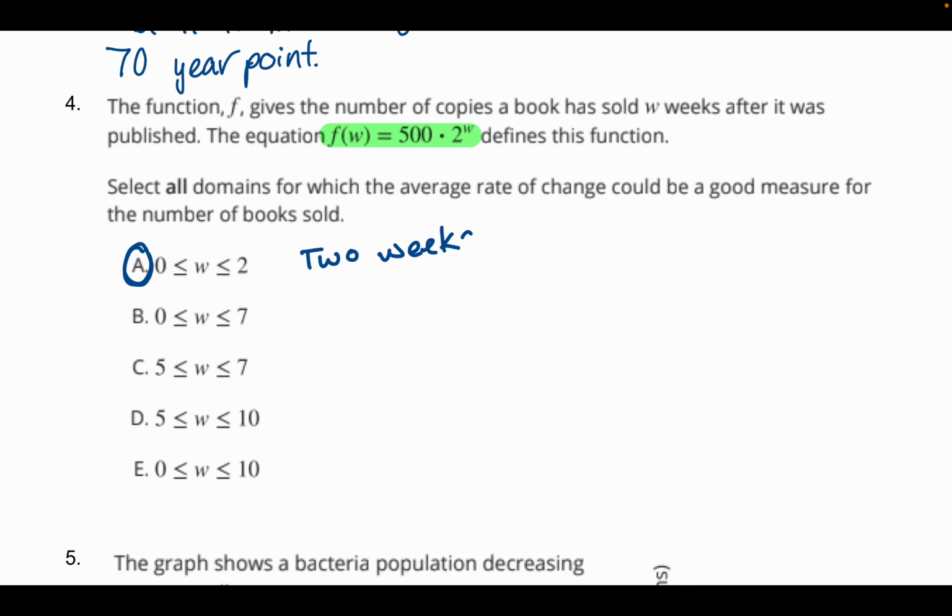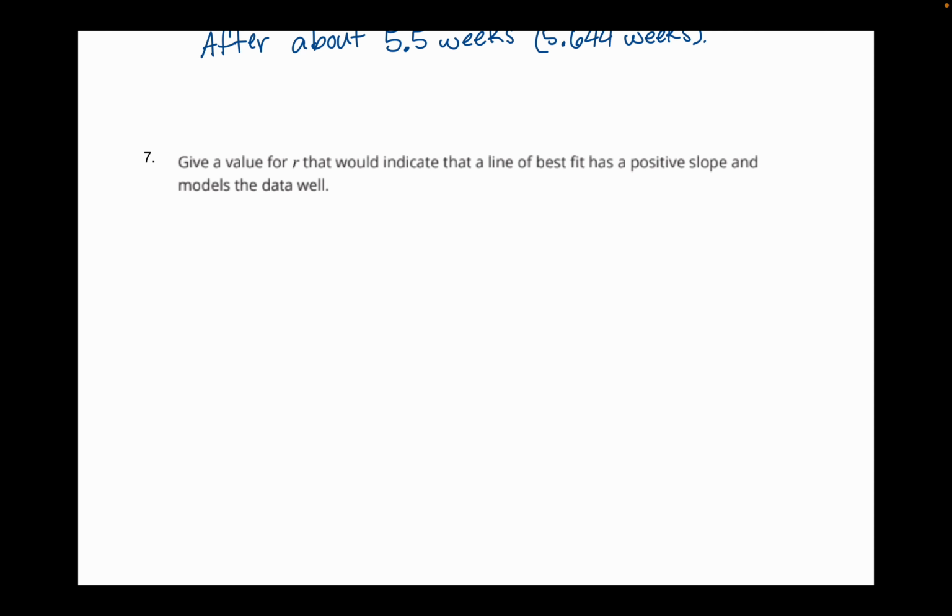We want to talk about things that fit well or that have a sort of strong relationship, I guess. I really don't think that we covered this, but I will still give you the answer to this question anyways.